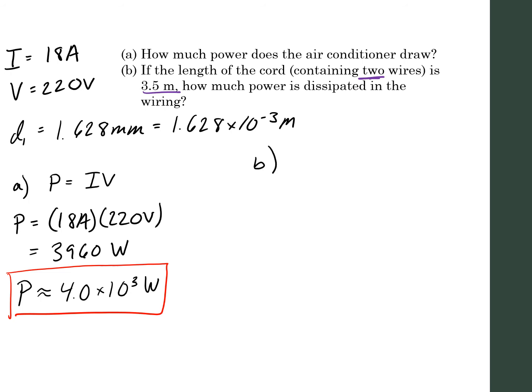So in part B, what I'm doing is now I want to find the power, but because I now have the length of my wires, I need to use a different equation. So I'm going to use I squared R.